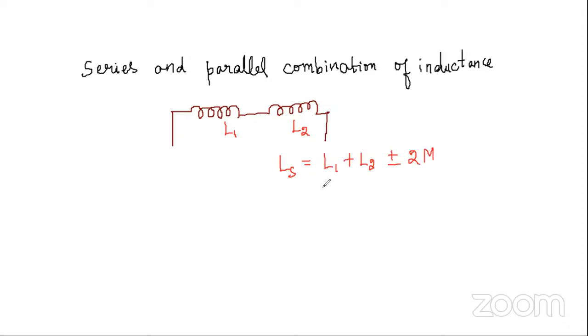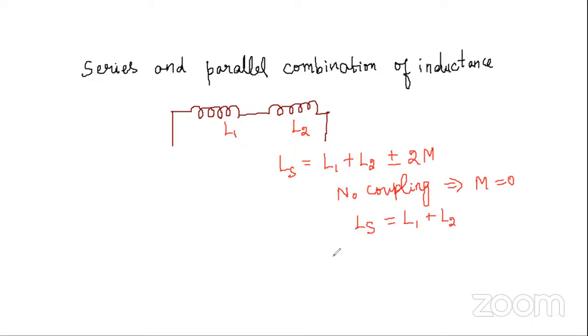So when the solenoid coils have no coupling, then for this case, your M equal to 0. So that means L1 plus L2 will be your Ls.